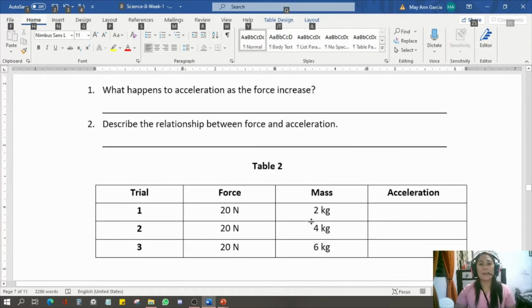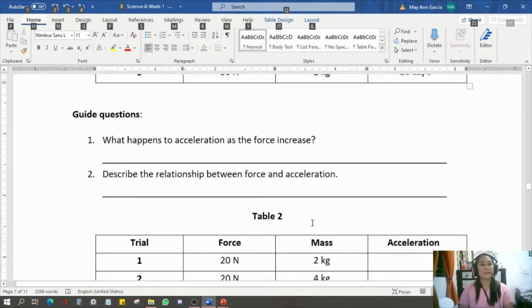Okay, so let us answer the guide questions. Question number 1. What happens to acceleration as the force increases? Okay, is it increasing or decreasing? Write down your answer. And then for number 2, describe the relationship between force and acceleration. If the force is greater, what happens to the amount of acceleration?